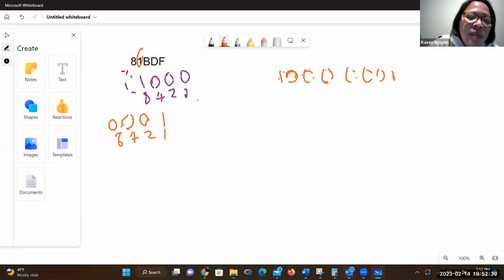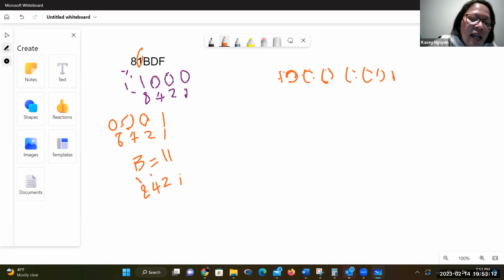Then the next one is B, and B is 11 in decimal, because A is 10, B is 11. So I put the scale again. And you take 11 and you subtract from this line. So 11 minus 8 is going to be 3 left. As you subtract, you put a 1 on the top.